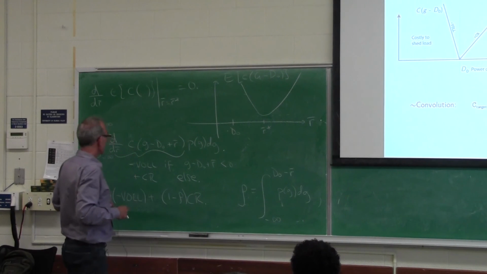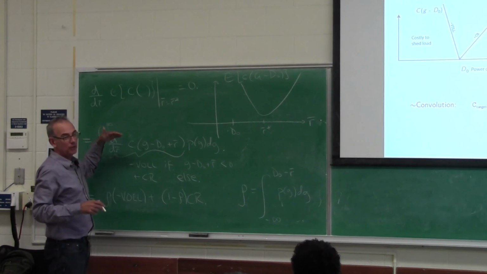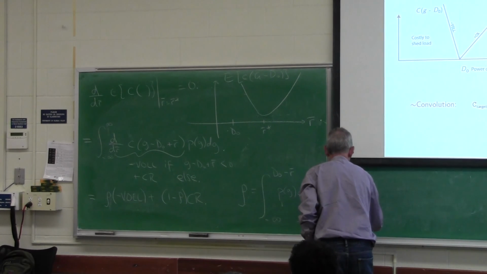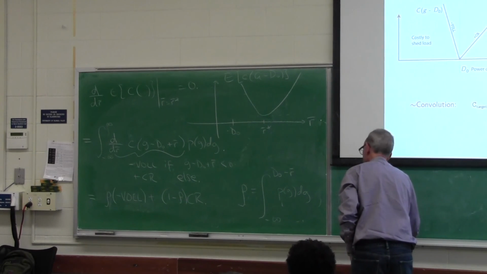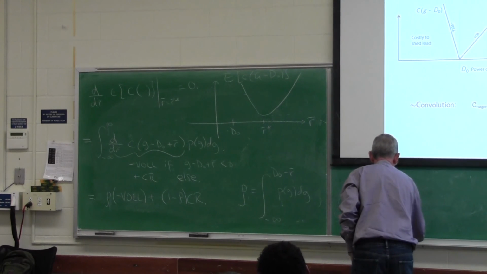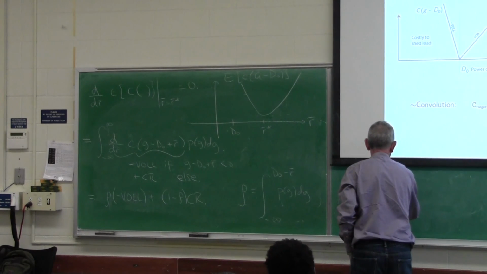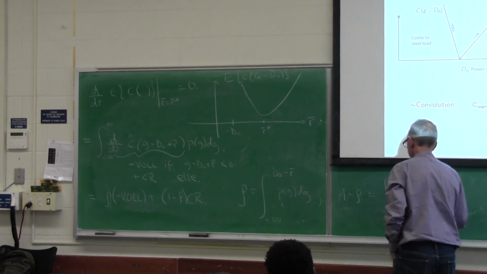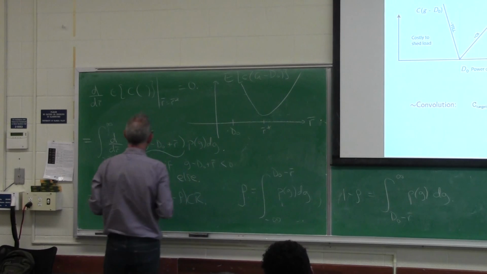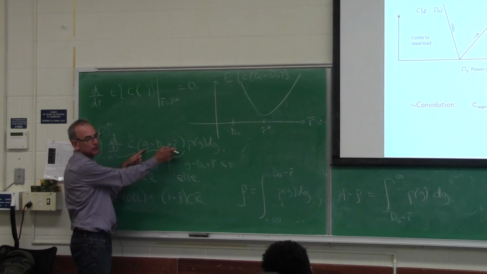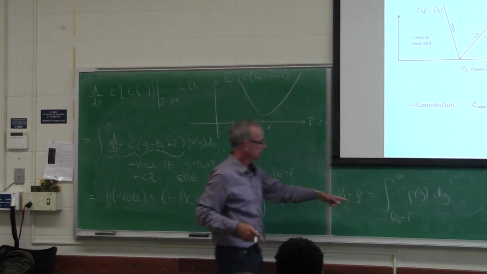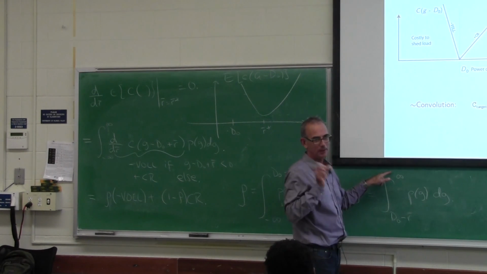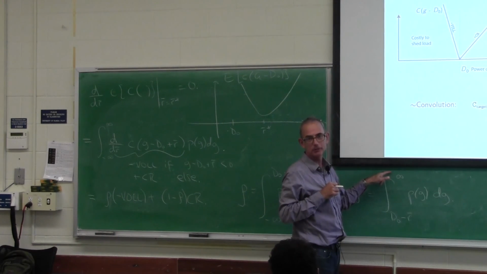And then I'm also integrating upwards. So when integrating over G for which this is positive, it's integrating over all G for which the argument of the cost function was positive.